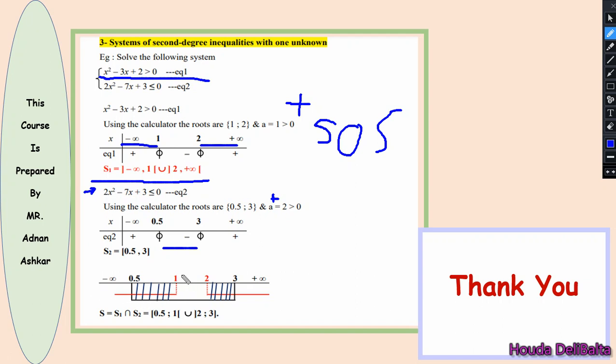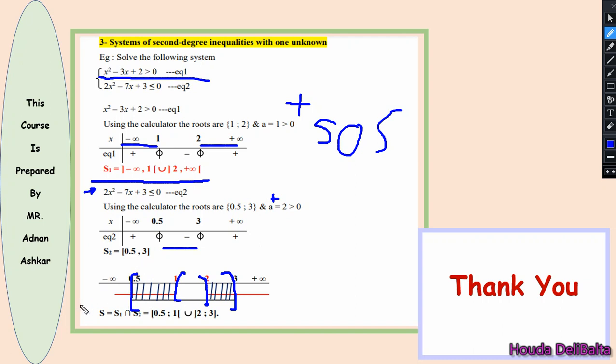Look, it is dotted here, or you can put it like this, no problem. And according to the second solution, it is from 0.5 closed to 3 closed. You can draw it as you want, open and closed as you see here.